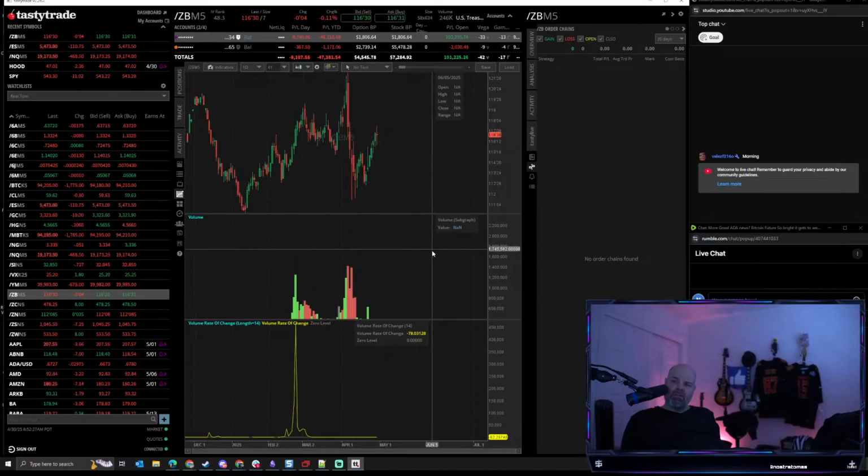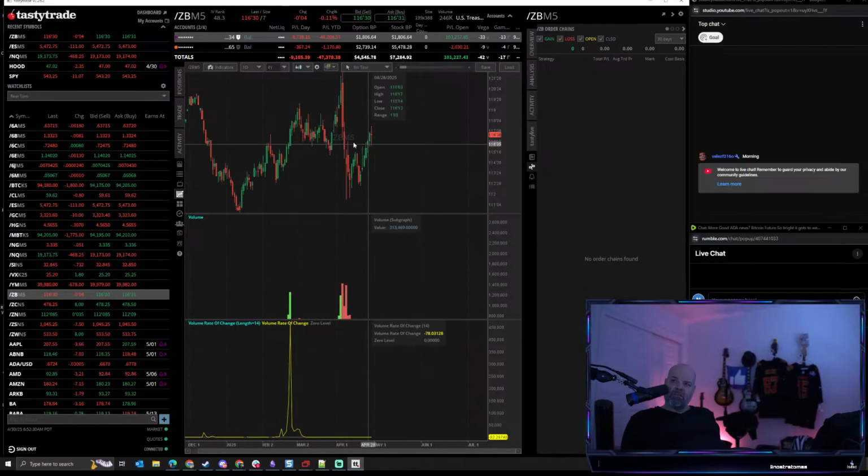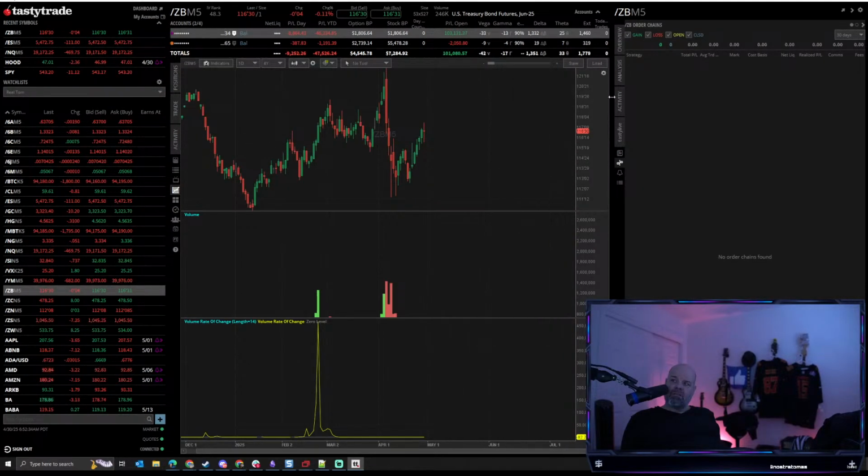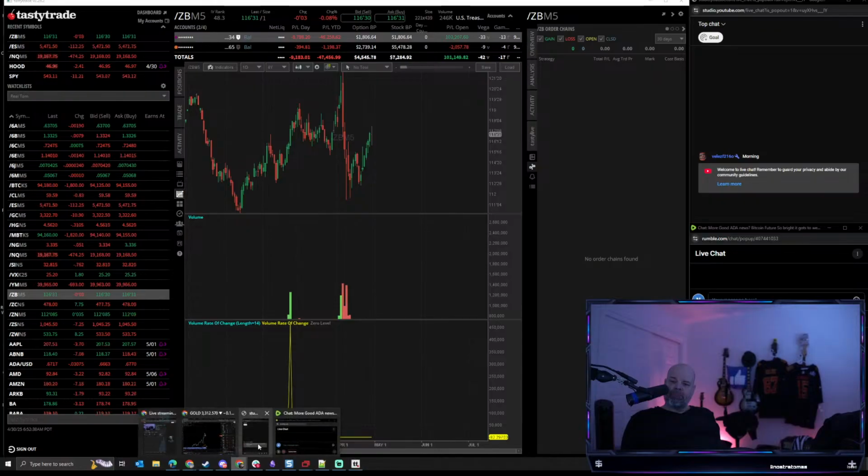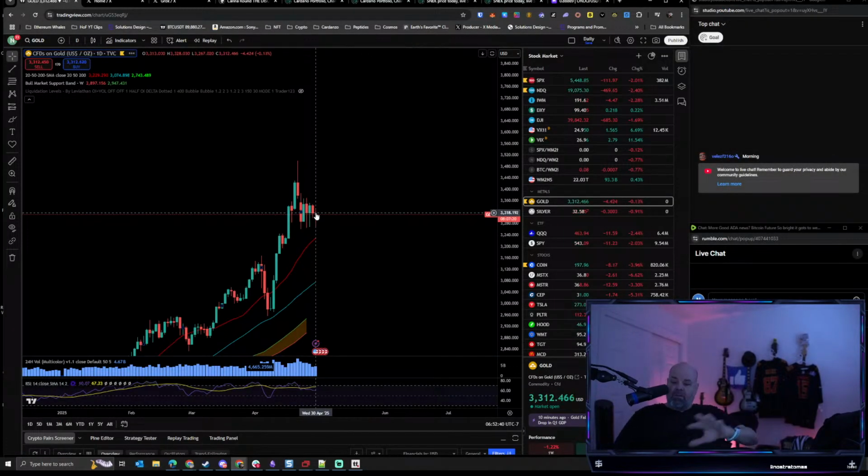Charting over on Tasty Trade kind of sucks. Let's see if we can pull this up on TradingView and get a better view.